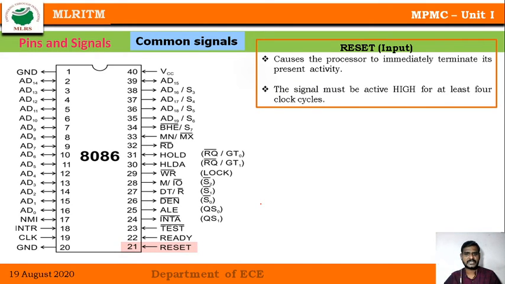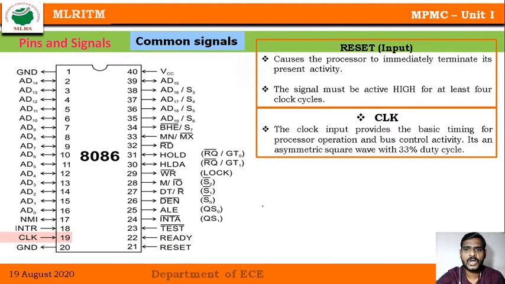Reset doesn't mean they all go to zero. Some registers may start from 00, but the stack pointer and other segment registers will have their initial address locations. So whenever this pin is active high, all the registers and segment registers go to that particular state.